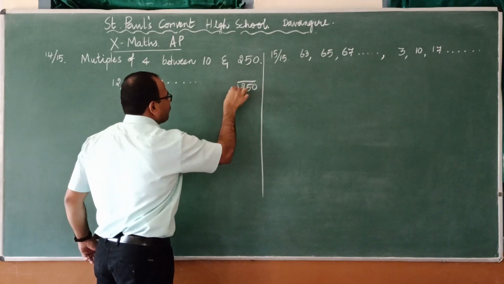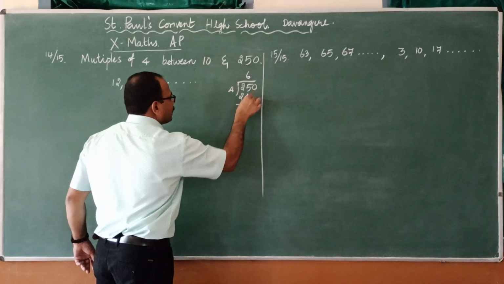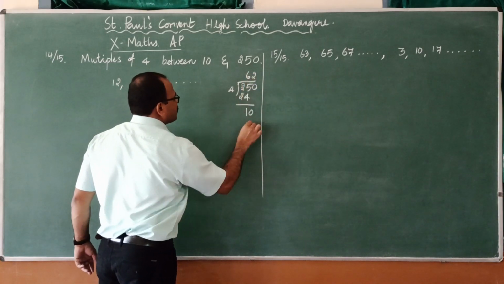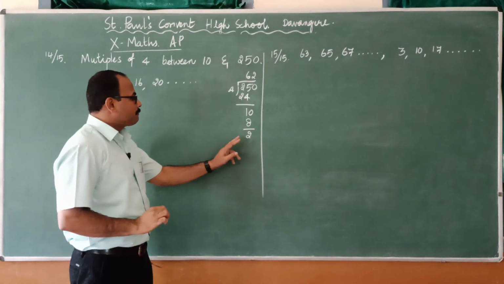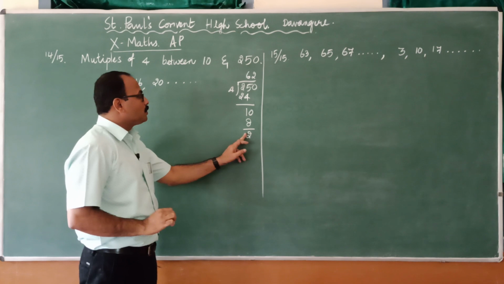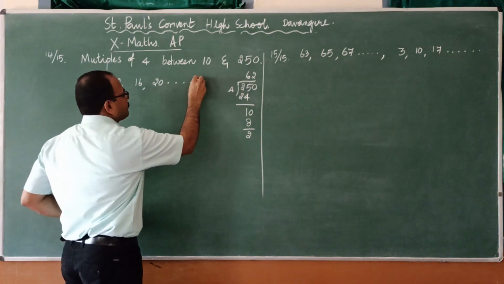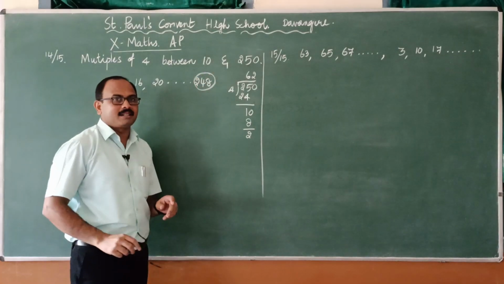Try to divide by 4. 6 4s are 24, carry 1. 0 comes. Therefore, 2 4s are 8. 2 is the remainder. Therefore, children, if we subtract this 2 from 250, it becomes 248. 248 is the last term, children.